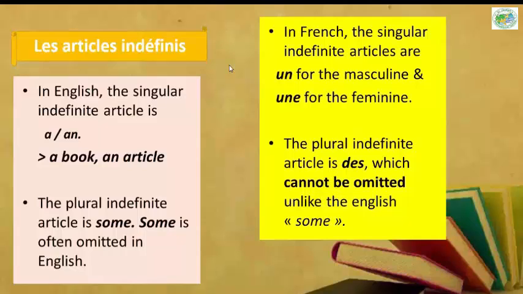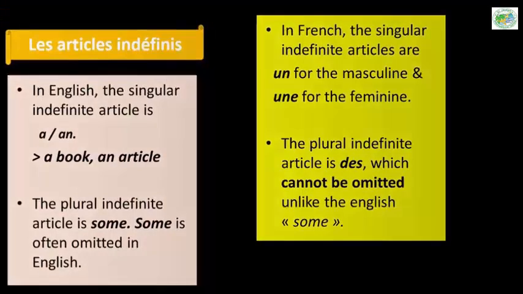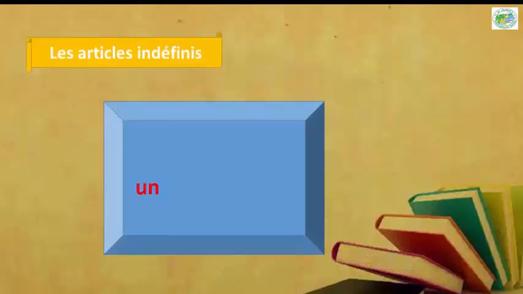In English, sometimes you can take the some away, but en français, we used to say it, you don't take it away. For example, un, une, des. Un, une, des. Les articles indéfinis.